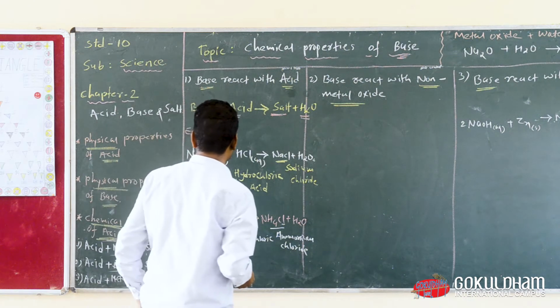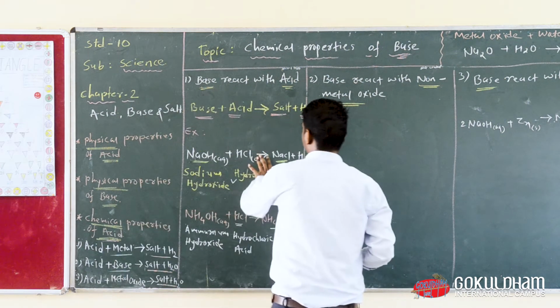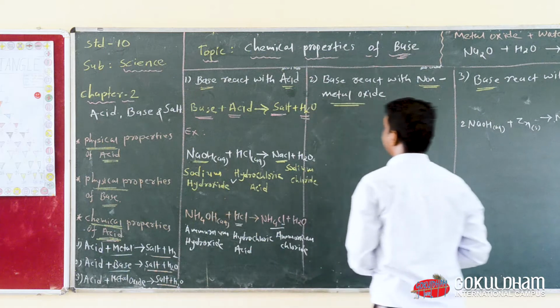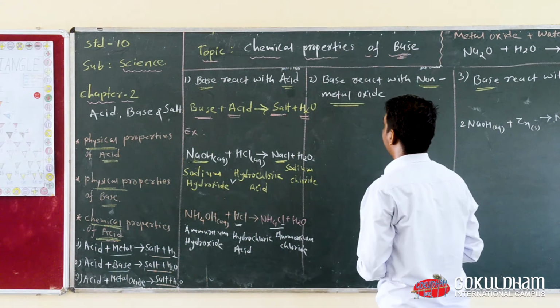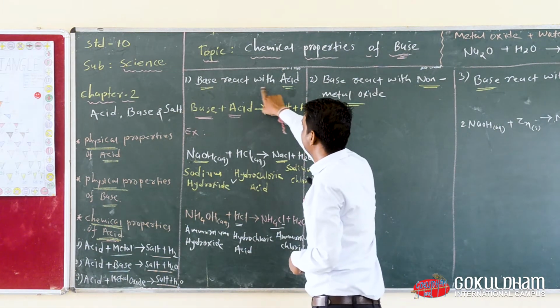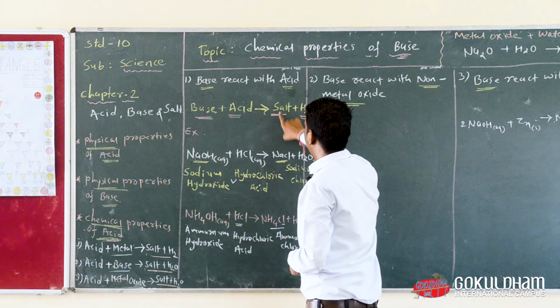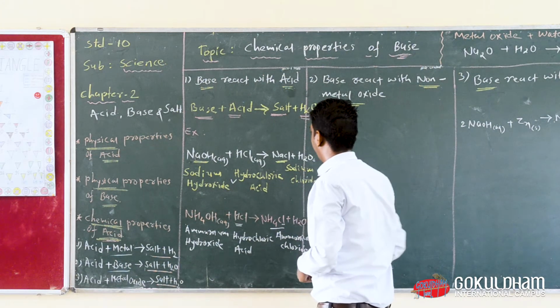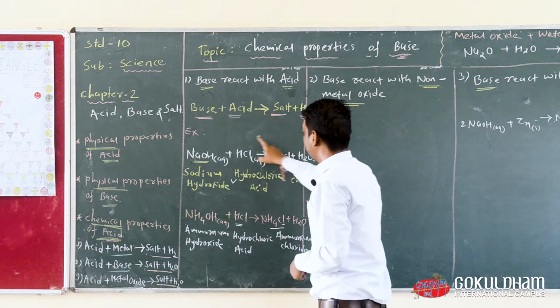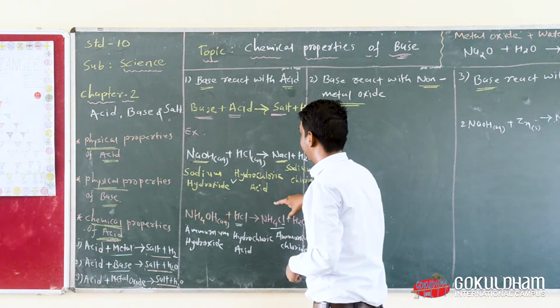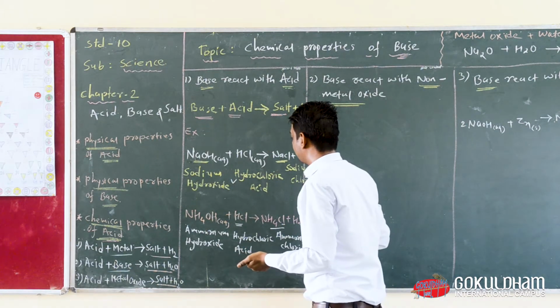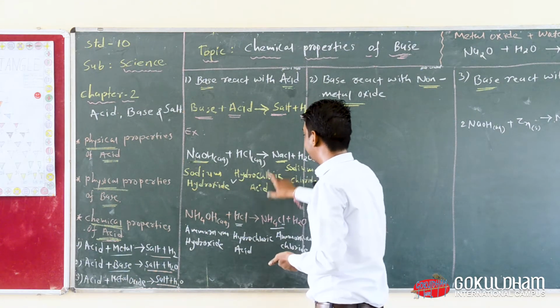These two examples are related to our chemical property of base. The first chemical property of base is that when base reacts with acid, we get salt and water. All the equations are balanced, so we do not need to balance them.